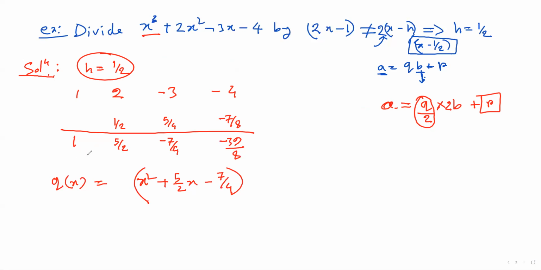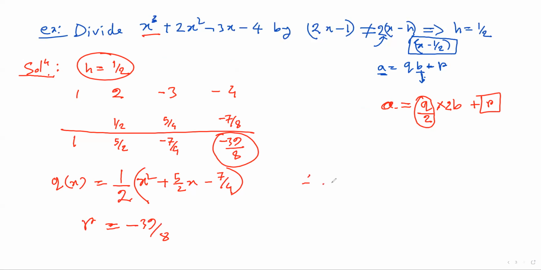Originally, this should be the quotient when we divide by x minus half, but we are dividing by 2x minus 1, exactly double of that. So we need to divide by 2 here in the quotient. And the remainder is exactly what we got here. The remainder shouldn't be scaled; there shouldn't be any kind of scaling factor to the remainder. It should be as it is. So the remainder is minus 39 by 8.